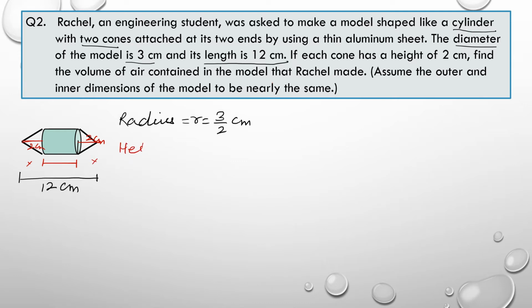So let's write this. Height of cylinder is equal to h. So 12 minus 2 minus 2, the height of the cones will be subtracted. So we'll have 8 centimeter as height of the cylinder.